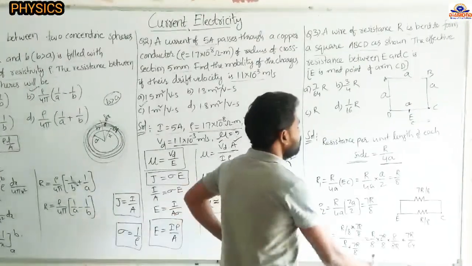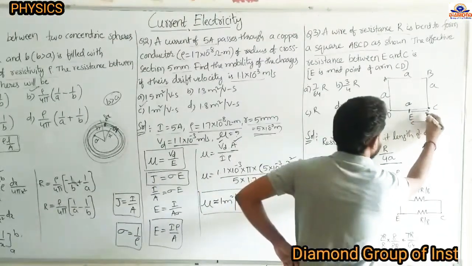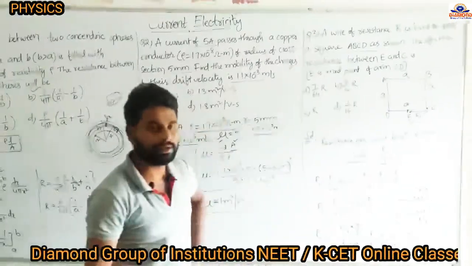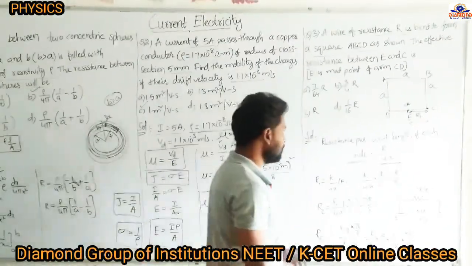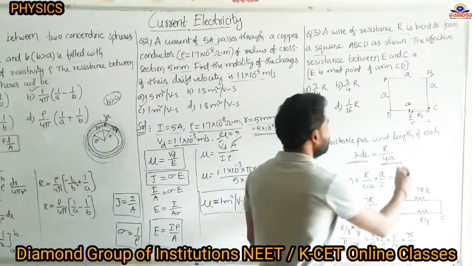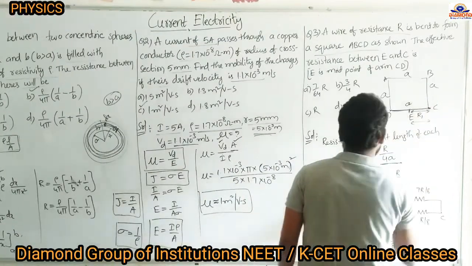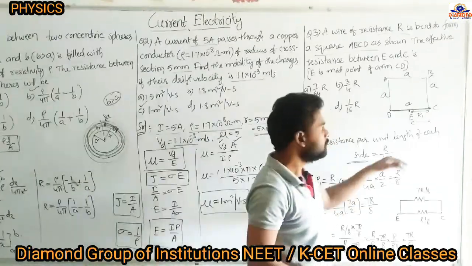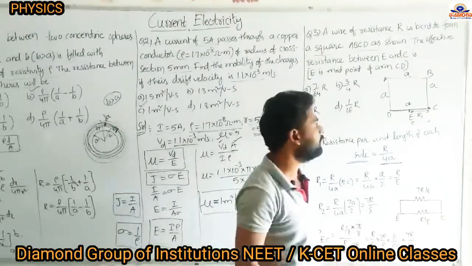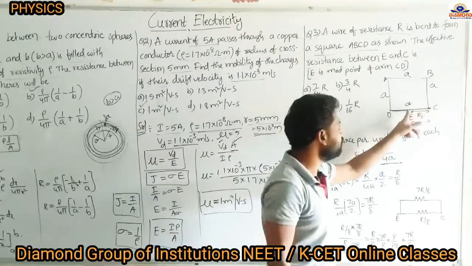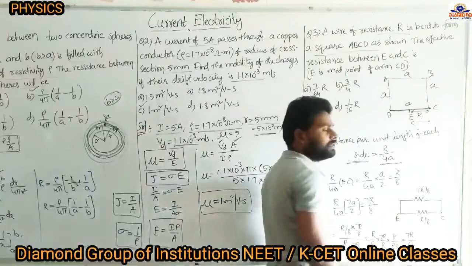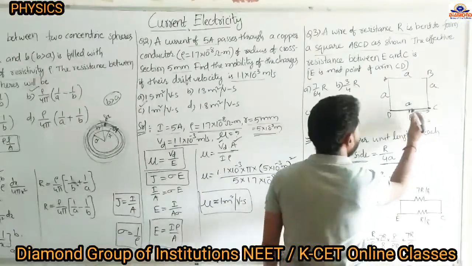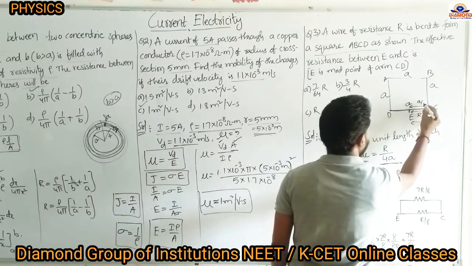Next, I am going to find the resistance of this portion, EC, which I am considering as R1. The resistance of each side is R by 4A per unit length, multiplied by the length, and the length of the side is A. Now E is the midpoint of the CD arm, so the length from here to here is A by 2.